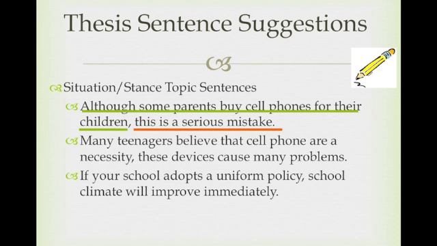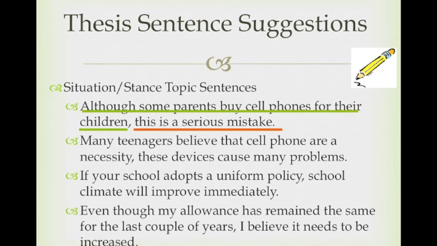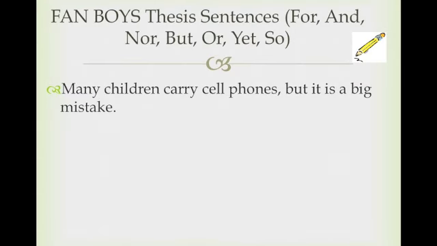So the topic is school uniforms, and your stance is that it will improve the climate of the school. Last one: even though my allowance has remained the same for the last couple of years, comma, I believe it needs to be increased. So the topic is allowance, and your stance is that you think you should have an increased allowance.